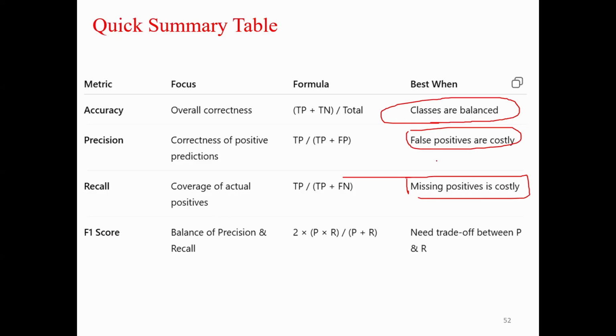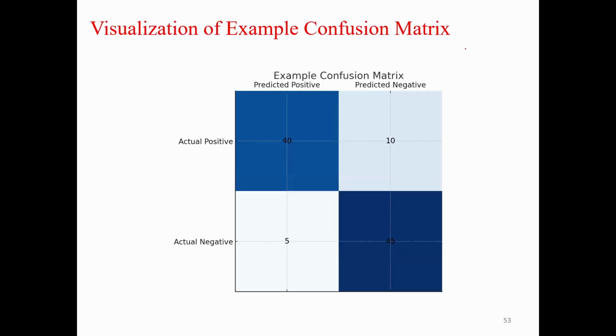So balanced class means both classes are equally balanced. Suppose male and female: your sample size should be equal. If it is n here, also n there, right? Then only can you call it a balanced class. For example, I want to find the strength between male and female.